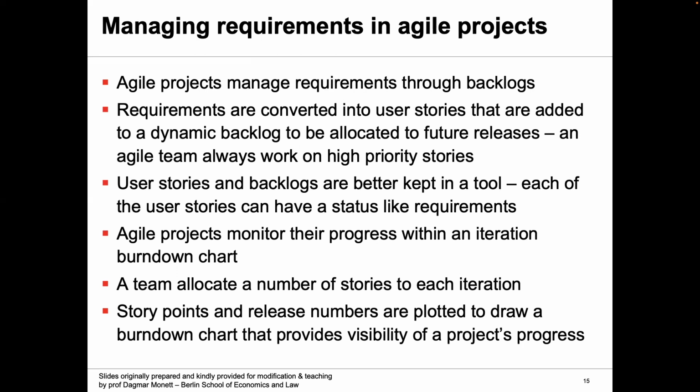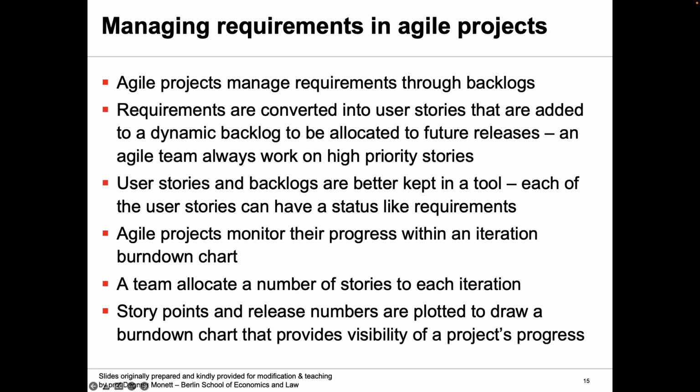The requirements are converted into user stories added to a dynamic backlog to be allocated to future releases. There are many user stories that you may not be working on in the current iteration of the product or application, so they will be part of the backlog and can be part of your future releases.